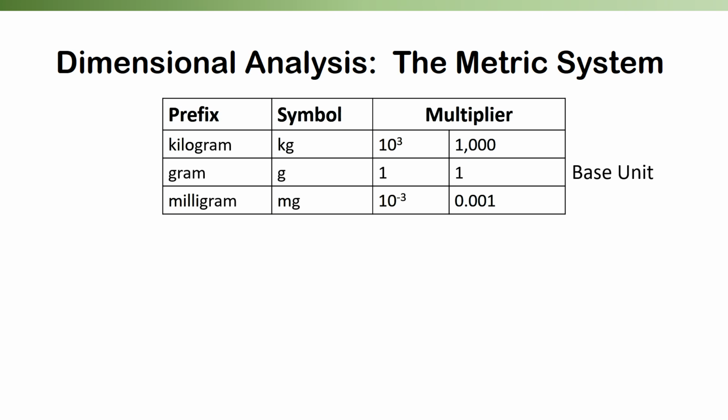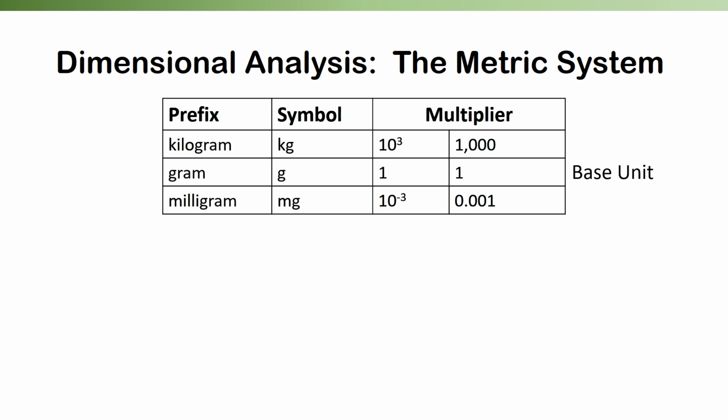Or on the other hand, milligrams could be used to express much smaller masses that would be 1/1000th of a gram. So basically the point I'm trying to make is that if you go above gram to kilogram, you're now talking in much larger quantities, and if you go below gram to milligram, you're now talking about much smaller quantities.